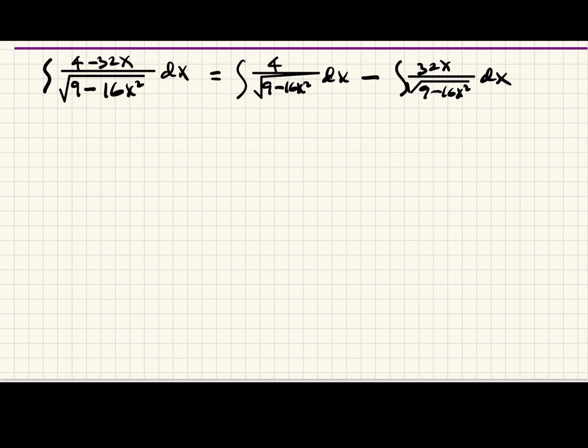Now let's deal with that first one first. So we'll go integral 4 over square root 9 minus 16x squared dx. We'll worry about that.